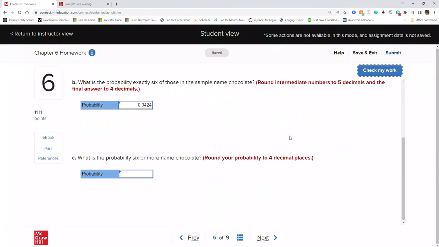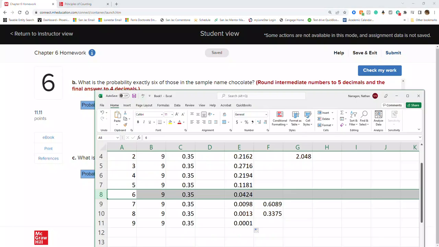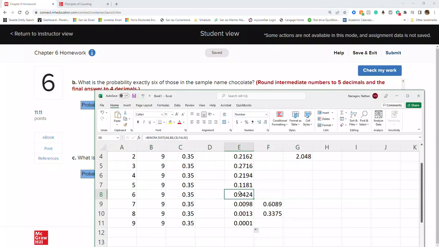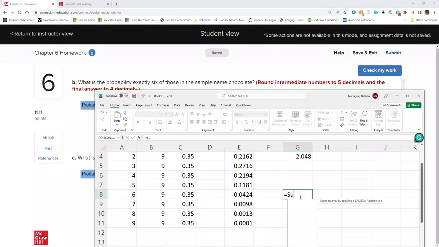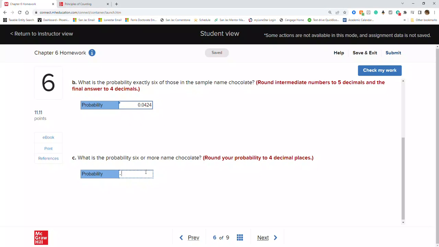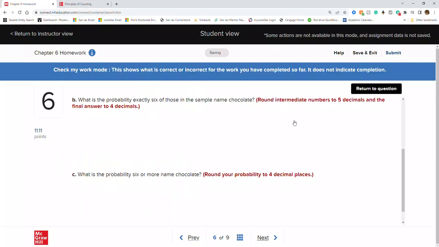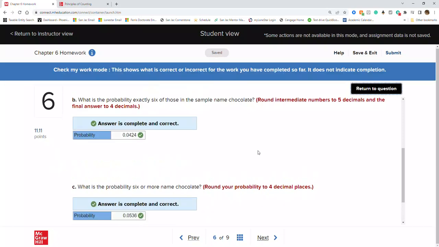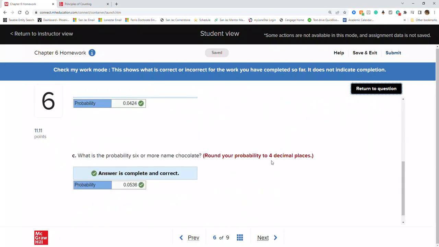Then it asks, what is the probability of 6 or more naming chocolate? So it's either equal to 6 or more, so we're going to be adding all these together. Equal to the sum in parentheses of 6, 7, 8, and 9. Close parentheses. Looks like 0.0536. Okay. Check. And again, all correct.